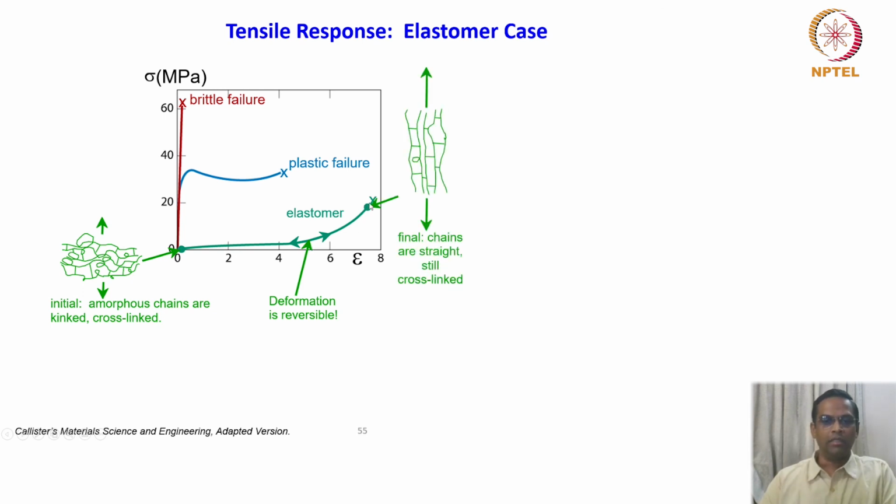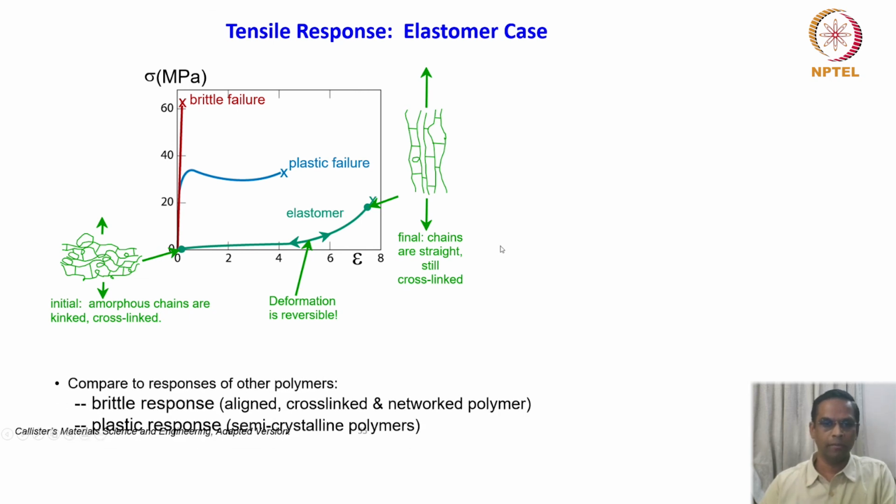Then at the point of fracture, the chain alignment takes place. Chains are straight and still cross-linked. So a significant amount of strain is absorbed in the process of aligning these kinked and cross-linked chains, right? So that is what is shown there.